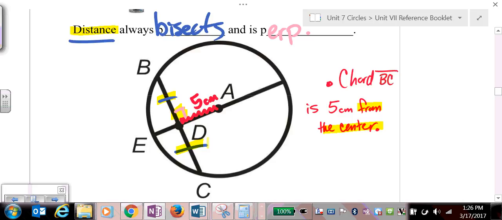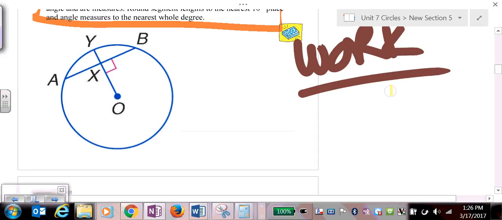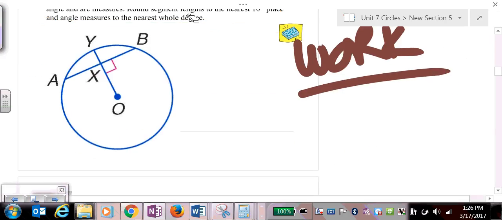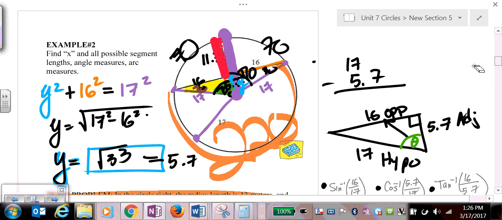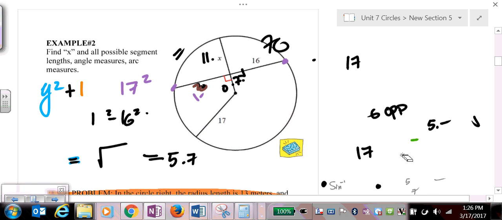You ready to go? Go to today's notes on the front. We're going to do three problems together. No, sir, we will not do them all together. Yes, turn on the lights. You need your calculator, Sandy.